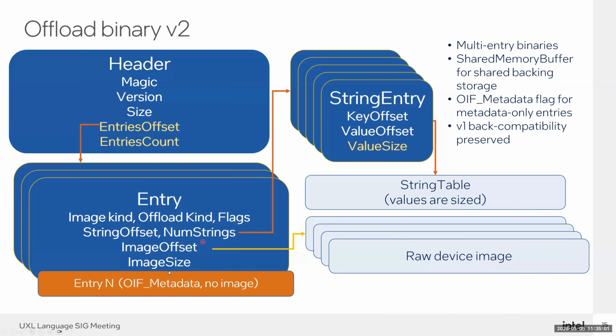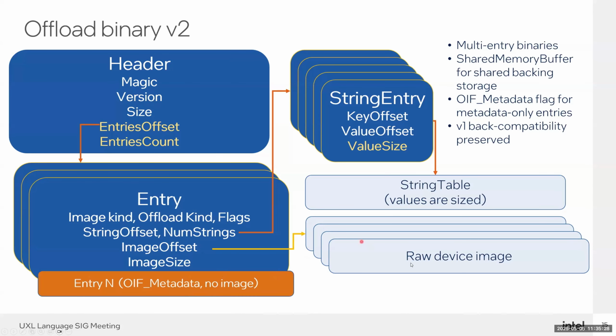Also, we introduced a new type of entry, marked with the metadata flag. It means that such an entry doesn't have an image assigned. This is used if you need to put some global metadata which affects all images written to this binary.